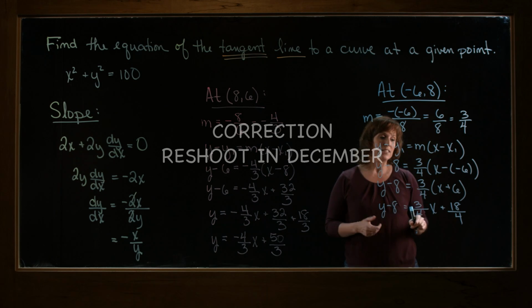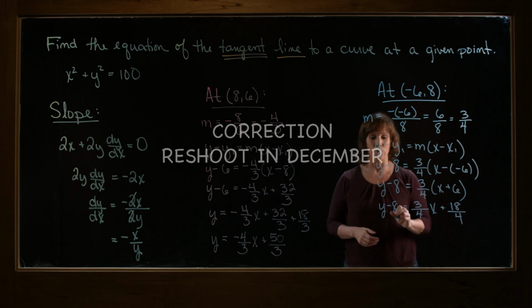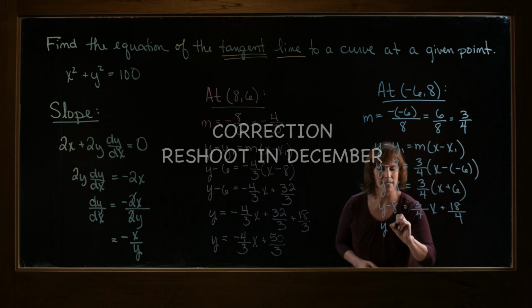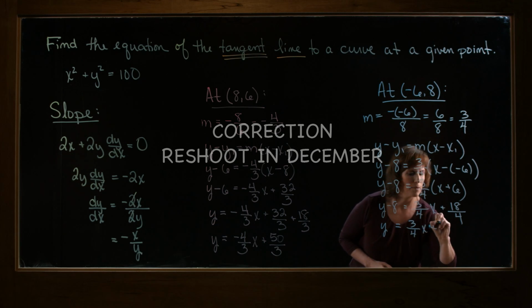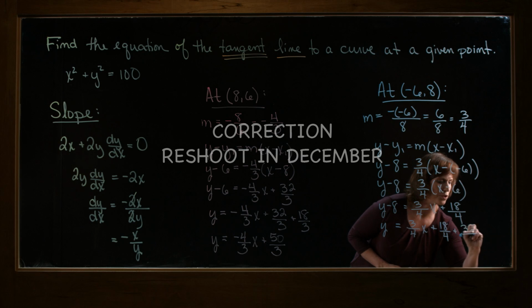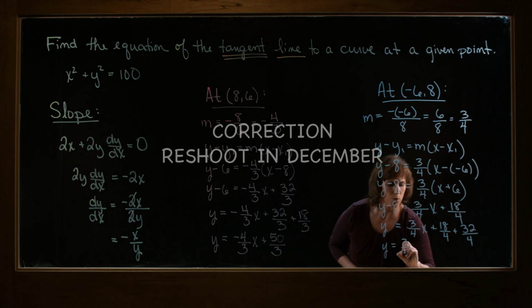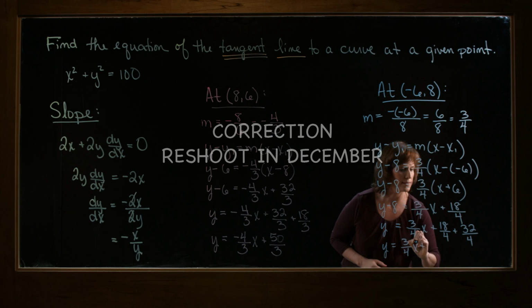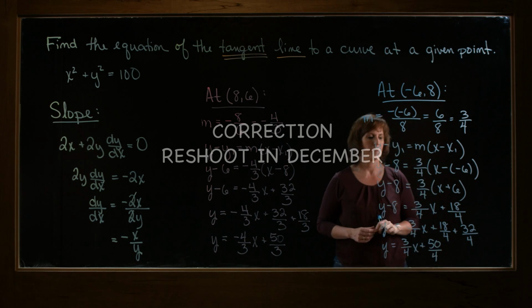Now, when I add 8 to both sides, it's going to be convenient to think of 8 as 32 over 4. So I'll add 8 to the right-hand side, and I have 3/4 x plus 18/4 plus 32/4, which gives me y equals 3/4 x plus 50 over 4.